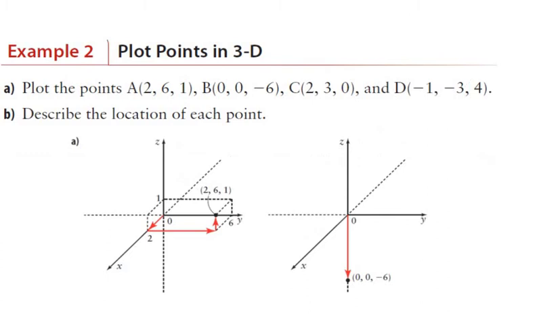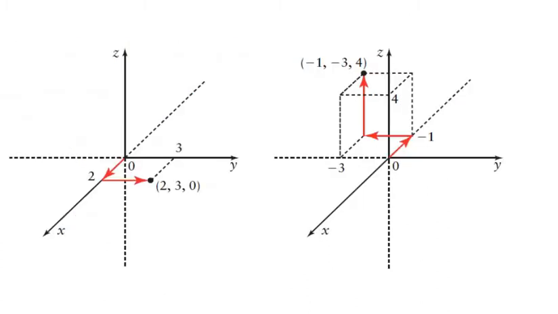After that we have (-1, -3, 4). We go 1 unit toward x to the negative side, then 3 units left because it's going to the negative side, and then we go 4 units up, parallel to the positive z-axis.